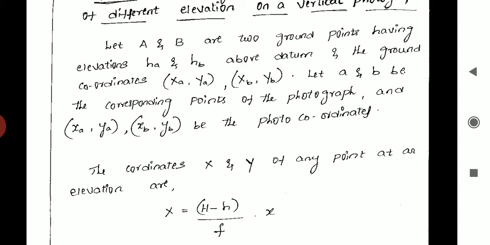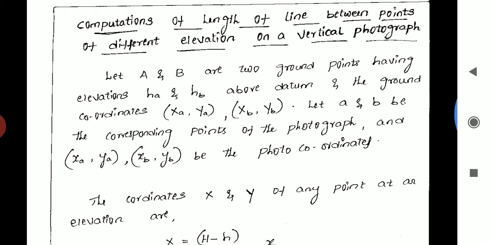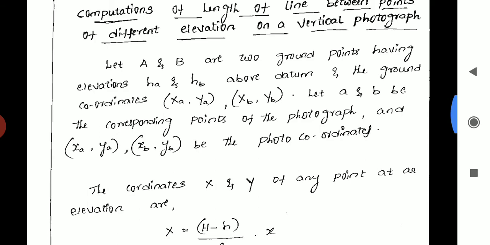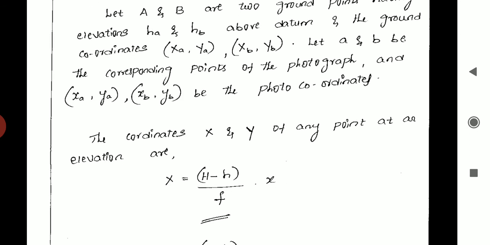So imagine there are 2 ground points, comparing with the previous figure. Let A and B be the 2 ground points having elevations H and HB about datum, and the ground coordinates are XA, YA, XB, YB. Let a and b be the corresponding points on the photograph, with corresponding coordinates xa, ya, xb, yb.